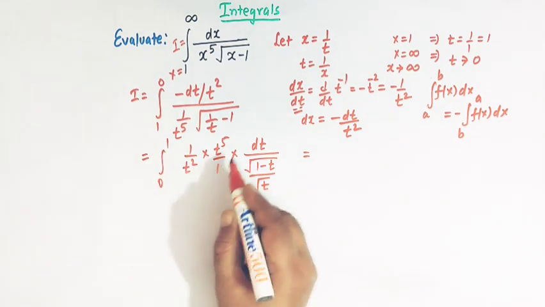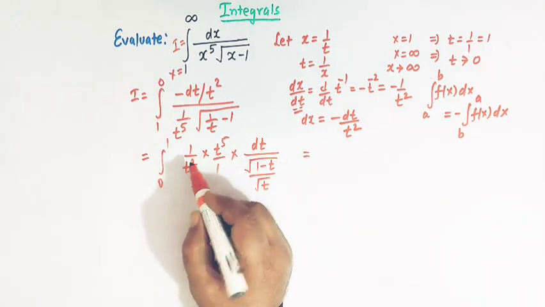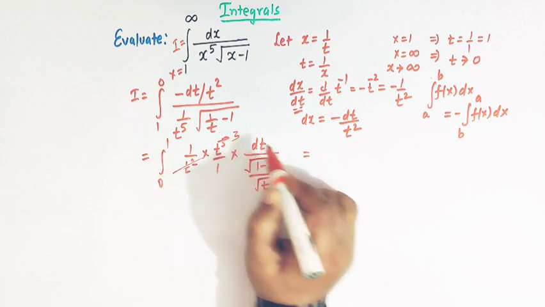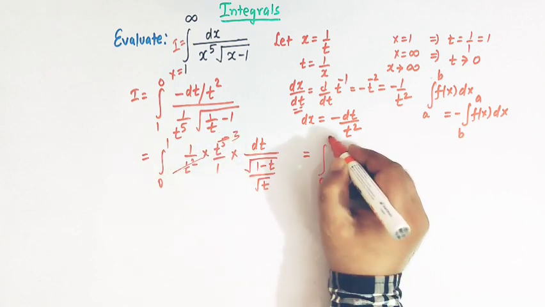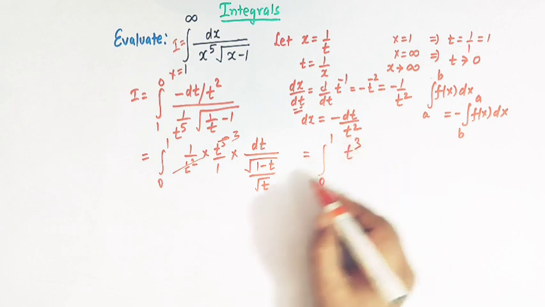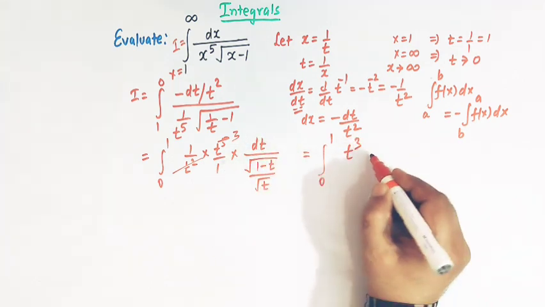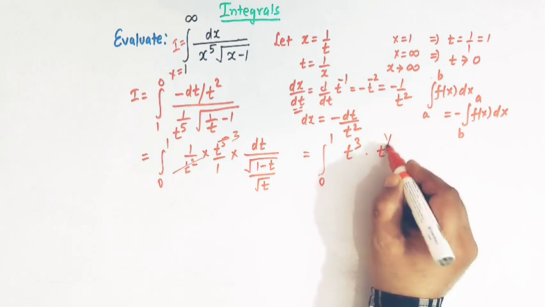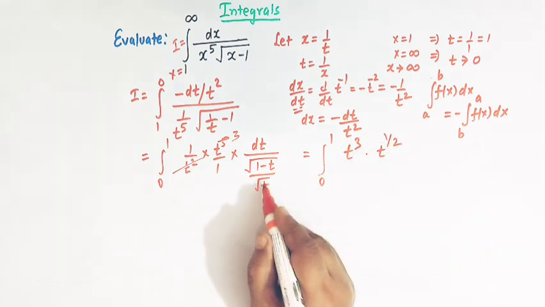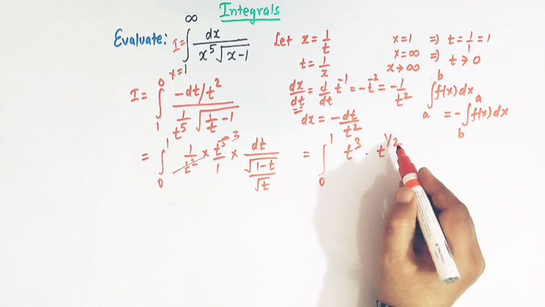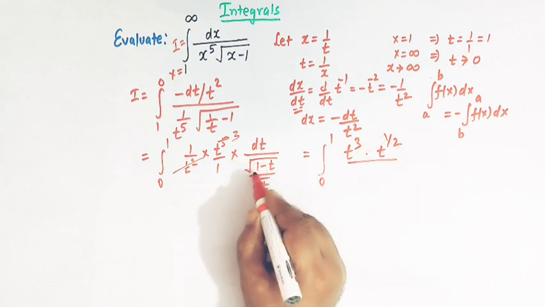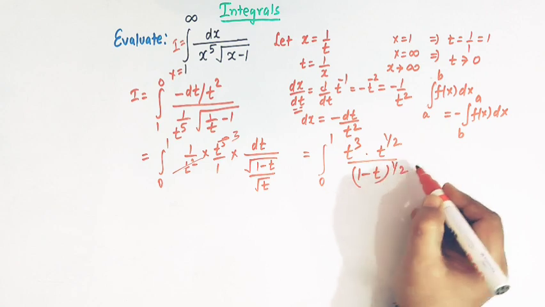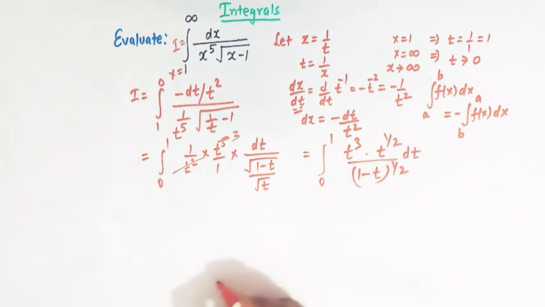Now this expression goes like this. Here t square gets cancelled, so we are left with t cube, from 0 to 1. Square root of t can be taken to the numerator as t raised to half, and square root of 1 minus t can be written as 1 minus t raised to half, and here we have dt.